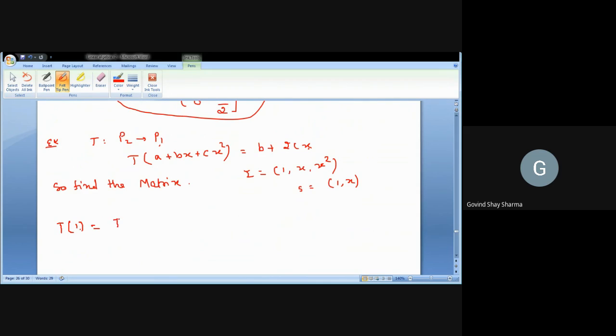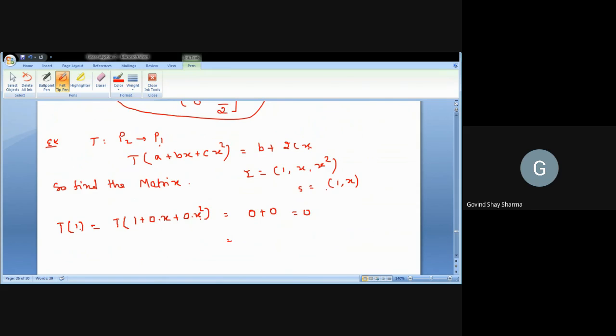It can be written as 1 plus 0x plus 0x square. So here b is equal to 0, and c is equal to 0, so this is converting to 0.